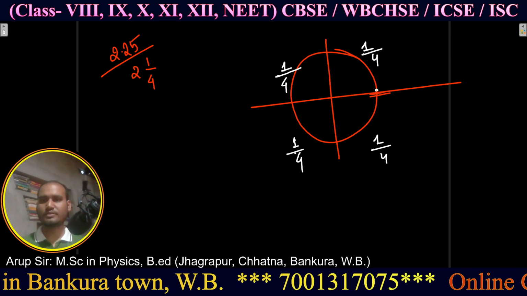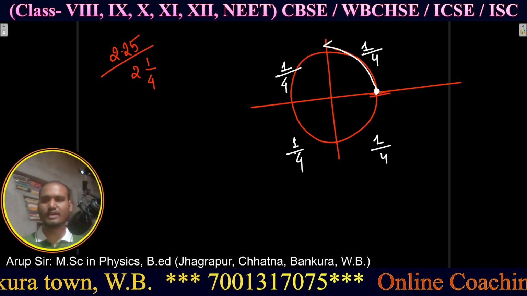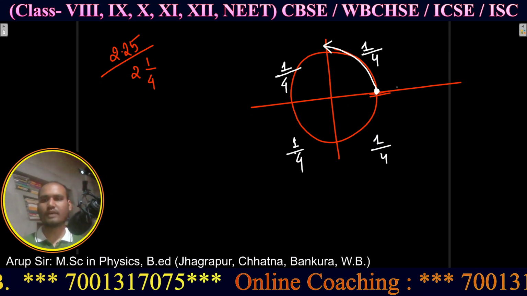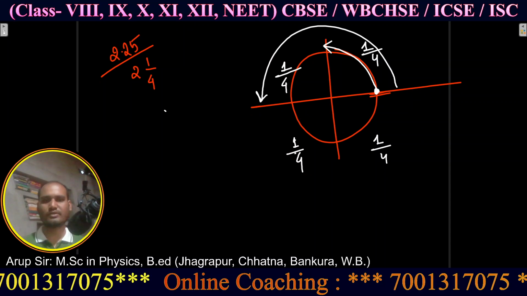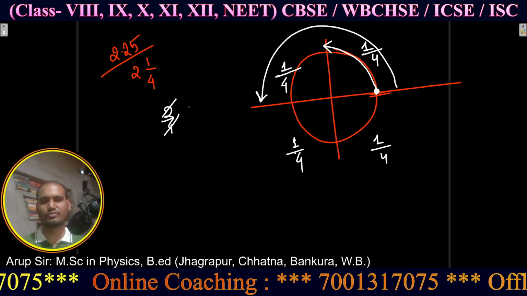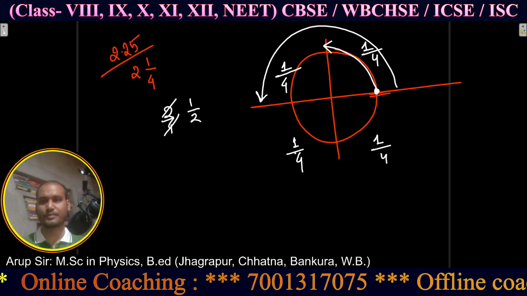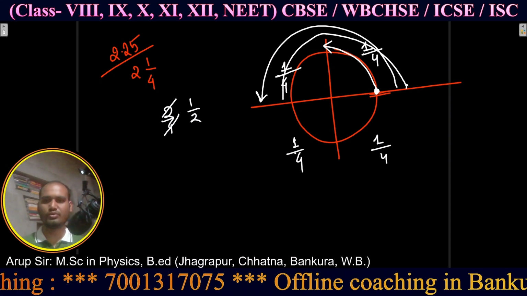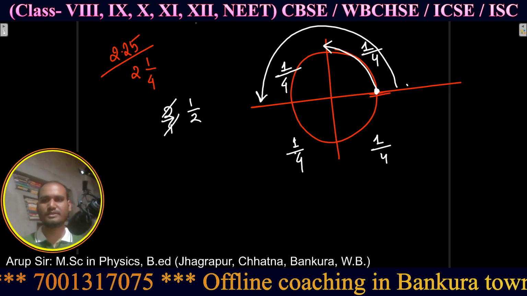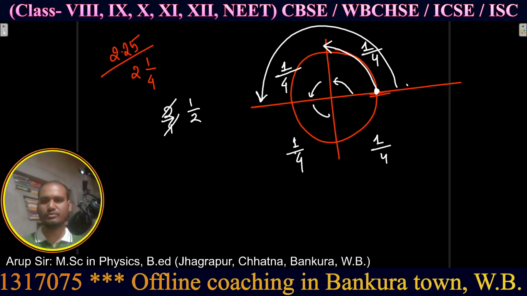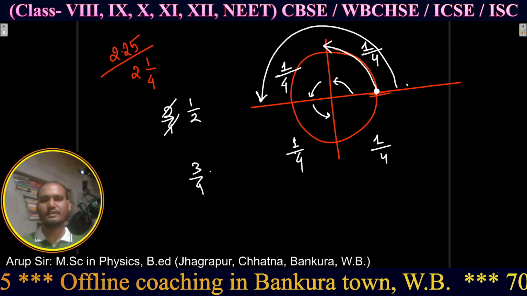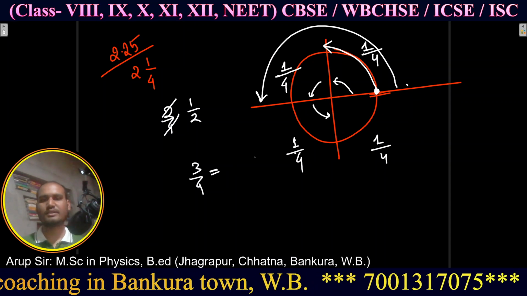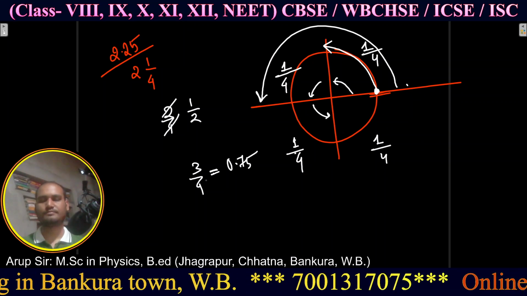So 1 by 4th means from the initial point it is going up to this. This is 1/4. 2/4 means from here to here; you can cancel 2, 1 by 2 means half. 3/4 means 1, 2, 3, so 3 by 4, which if you calculate gives 0.75.